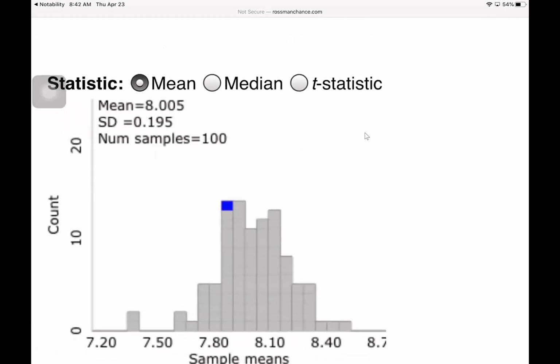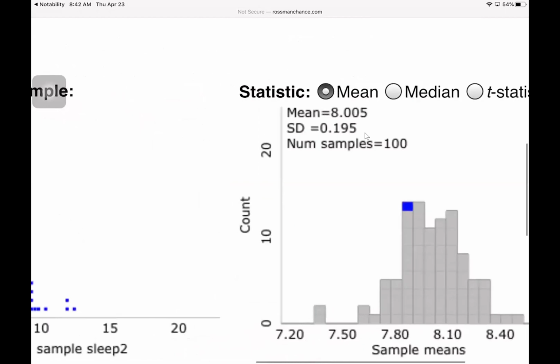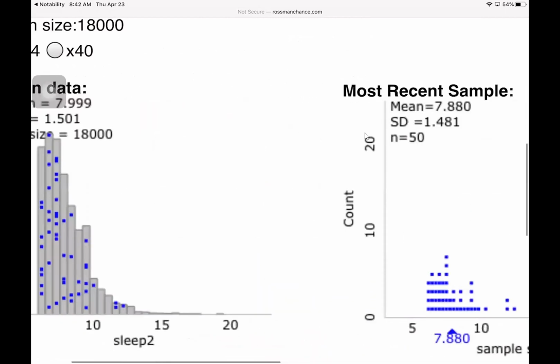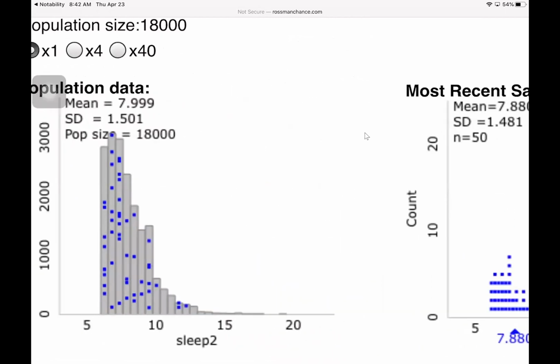All right. So let's look at the old distribution and the new distribution. For the old distribution, what is my average, or what is my mean? Well, if you look at it, it says right here 7.999.